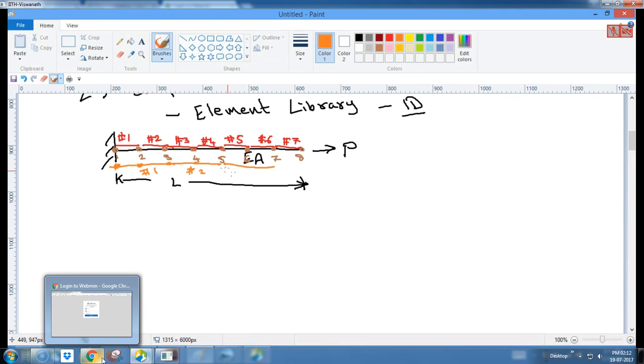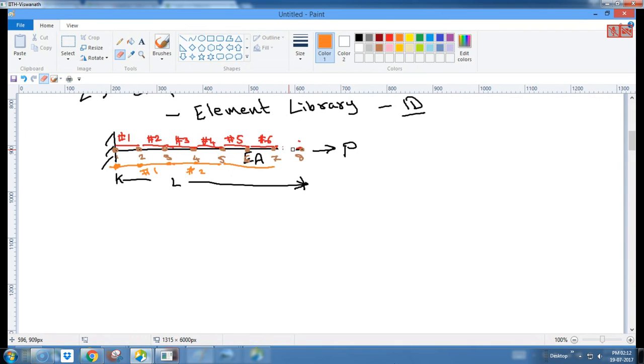Yeah, so let me just remove this part of it. So let's make it only 7 noded, so this makes our life easier. Element 3 has just been loaded by this.